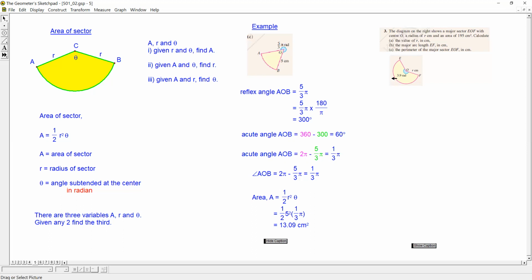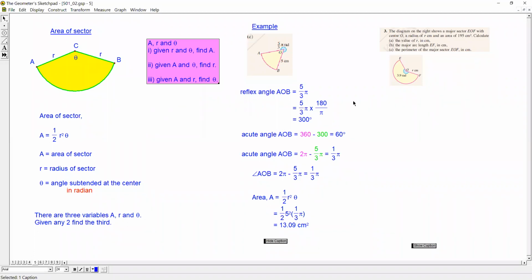So they tell you the area is 195, this yellow colored area, but the R they didn't tell you, so you have to find R. You know the area, you know the angle, you don't know R. This is the second case here: given area and angle, find the radius.